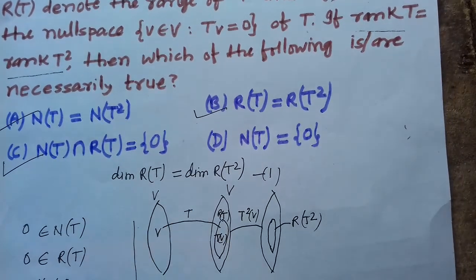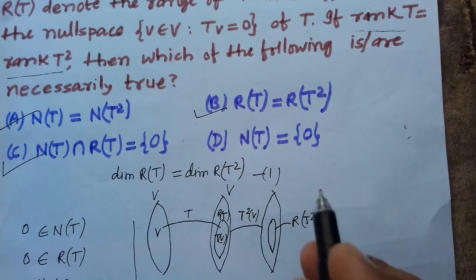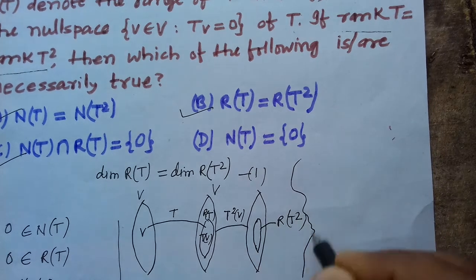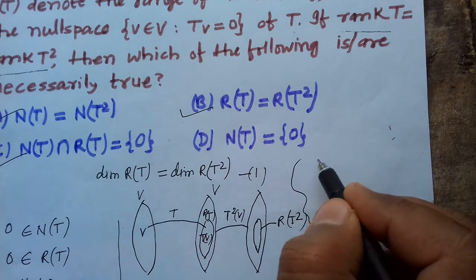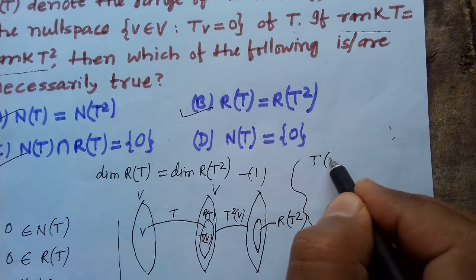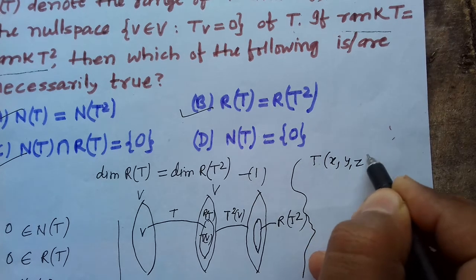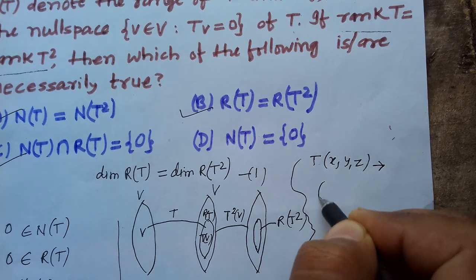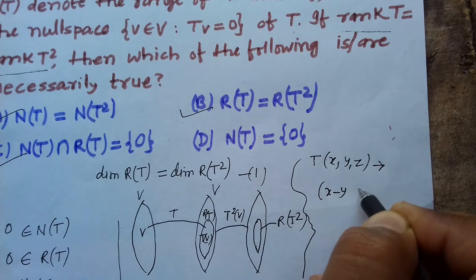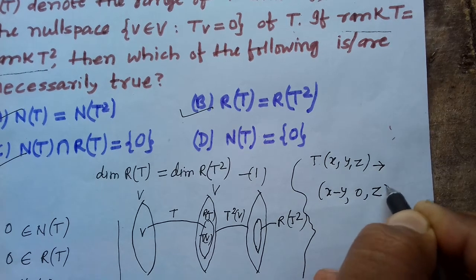Now D is not always true, because for example you can verify this. Take a linear transformation (x, y, z) to (x minus y, 0, z).